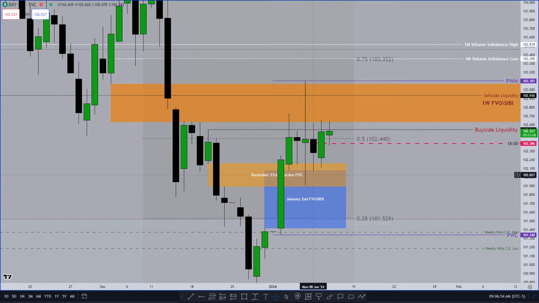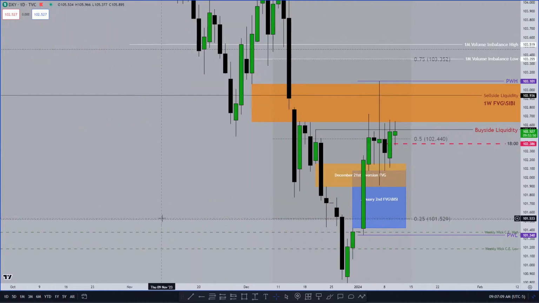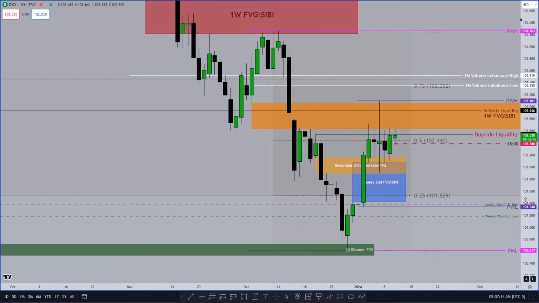So right now, at the current time of 9:06 a.m. New York local time, looking at this candle and looking at Monday and Tuesday's delivery, we are inside the equilibrium, not of this higher time frame weekly dealing range, but inside the monthly range. So you can see from here to here, we're sitting right at equilibrium. We've consolidated, so it's either we go up or we go down.